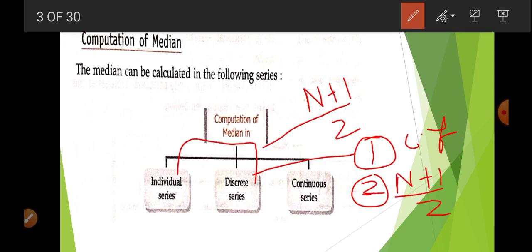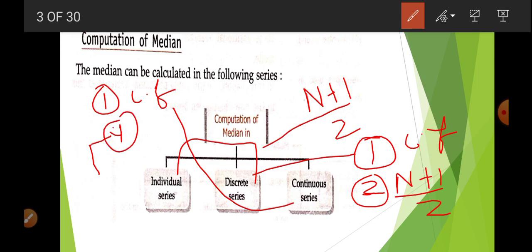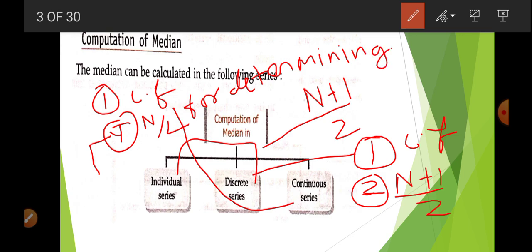If you talk about the continuous series, in continuous series first we are going to calculate cumulative frequency, then we are going to make use of two equations. One equation is n upon 2 for determining the median class.